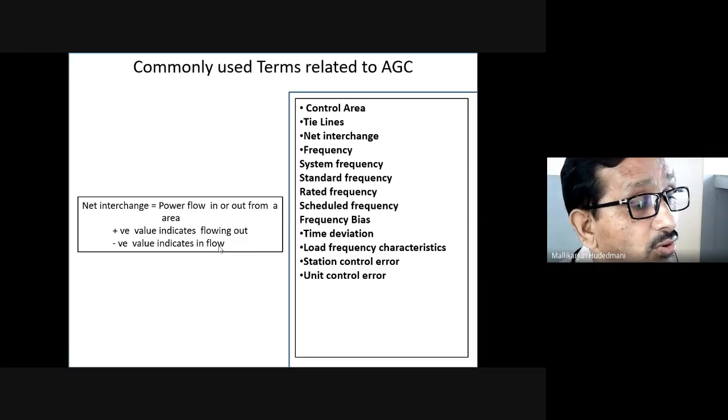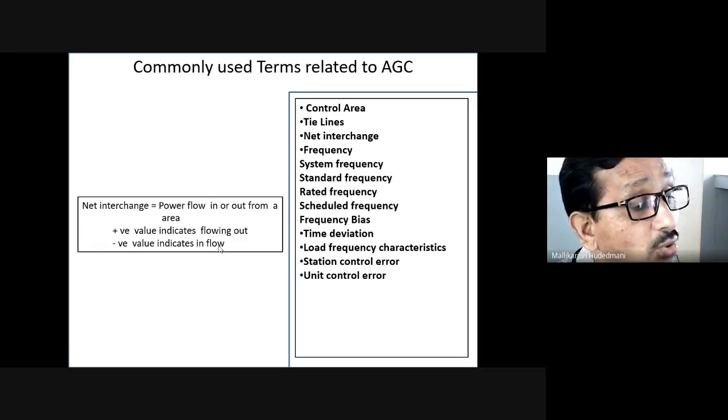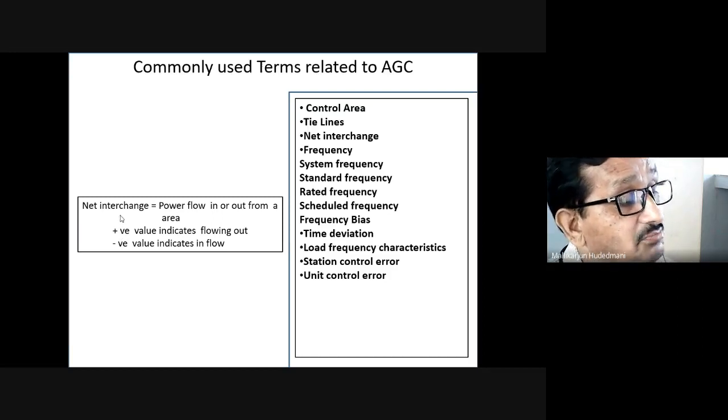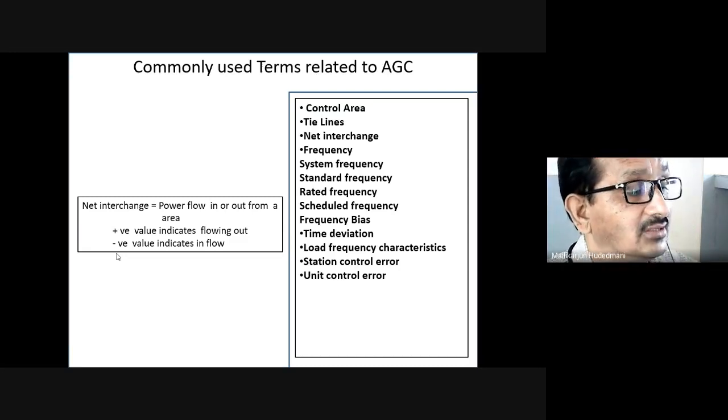The word interchange says transaction from one control area to the next control area, between multiple corporations. Plus indicates the current area you are speaking of has excess generation. Minus indicates a deficit in generation.